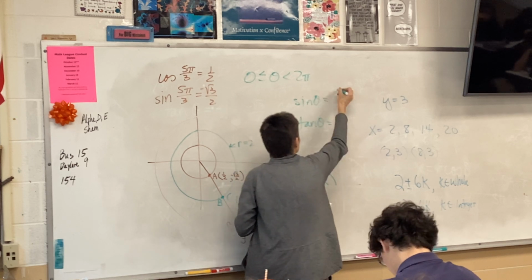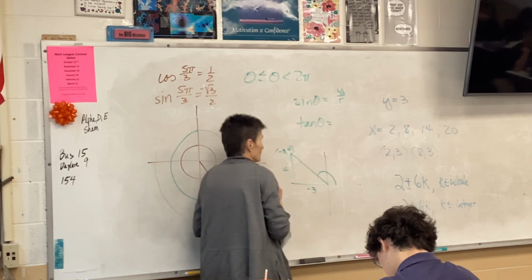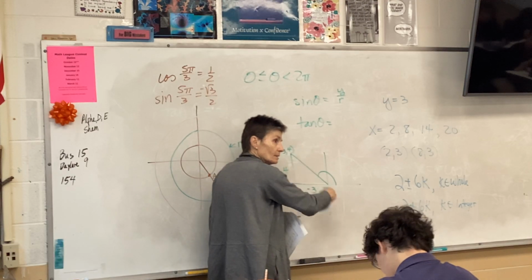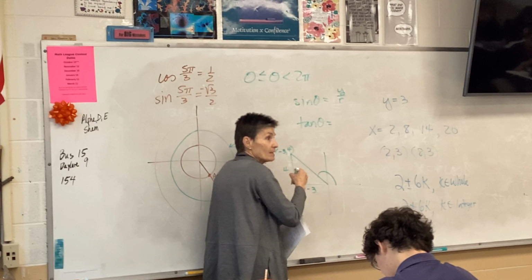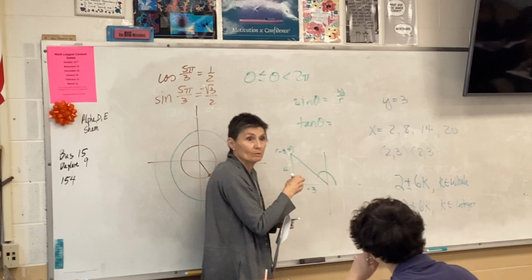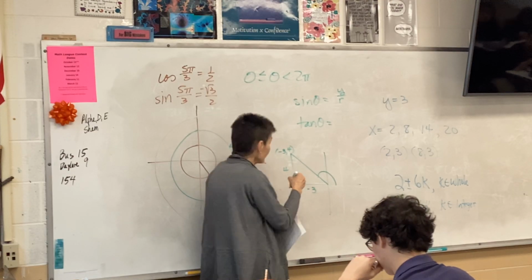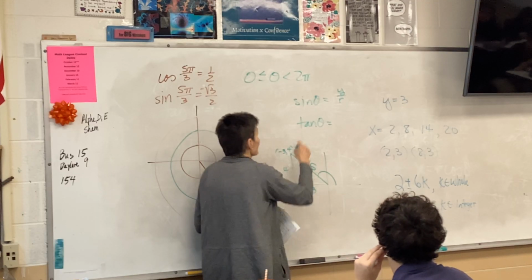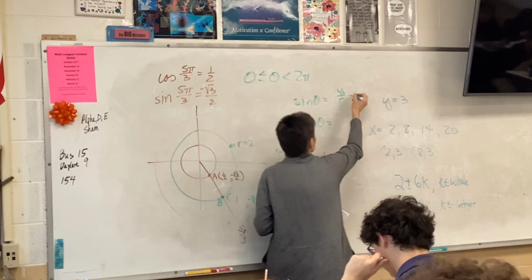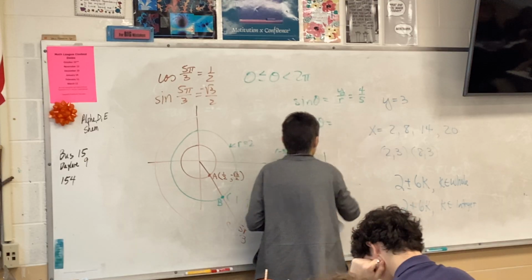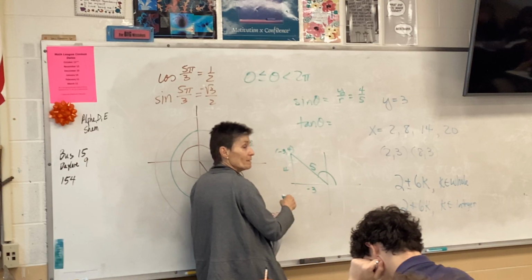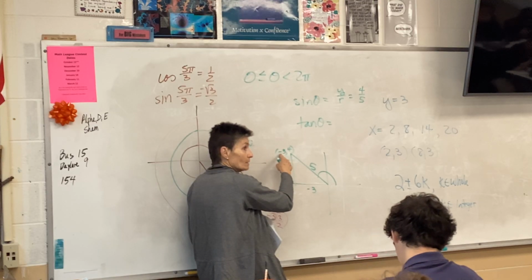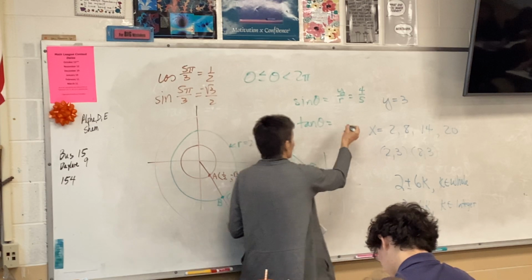Well, sine is y over r. My y is 4. What's my r? I don't know, but I can use the Pythagorean theorem to figure it out. That's an easy one, it's 5. So sine is 4/5. And tangent is y over x, so negative 4/3.